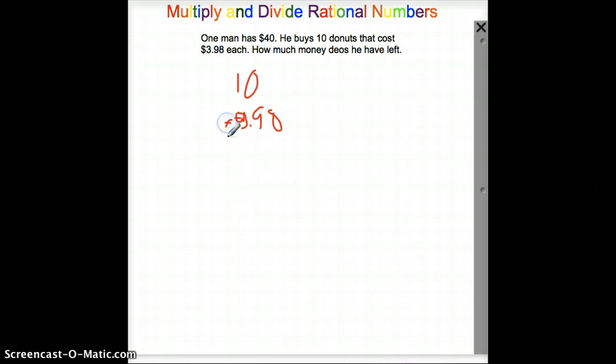8 times 0 equals 0, and 8 times 1 equals 8. 9 times 0 equals 0, and 9 times 1 equals 9. Or wait, shoot. Okay. 3 times 0 equals 0, and 3 times 1 equals 3.